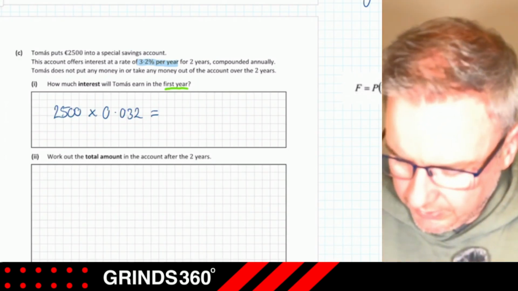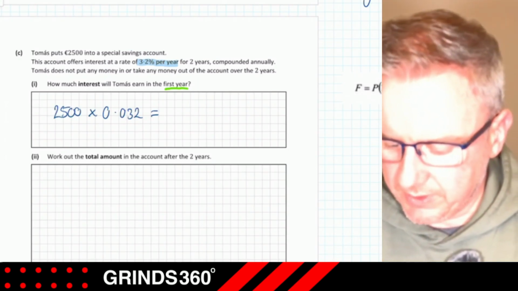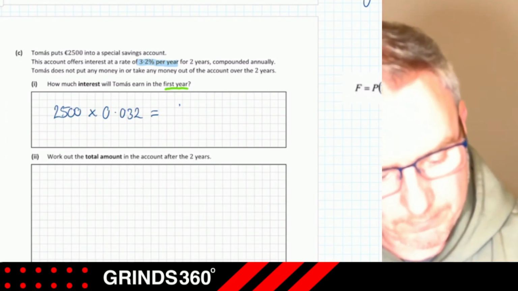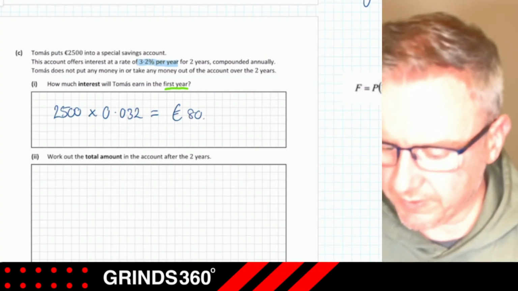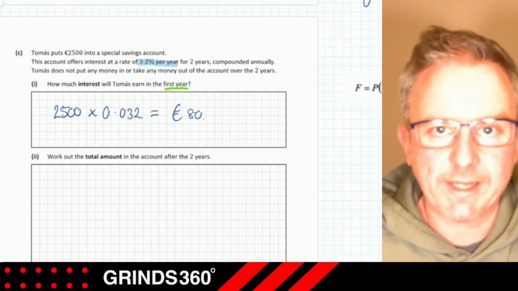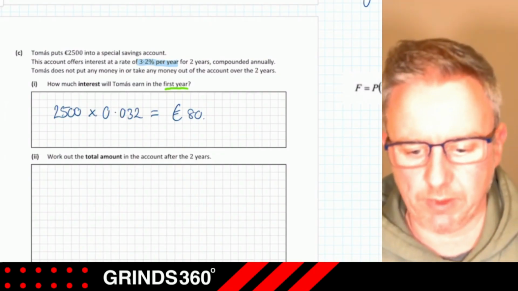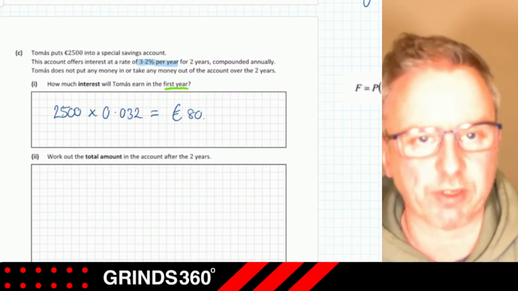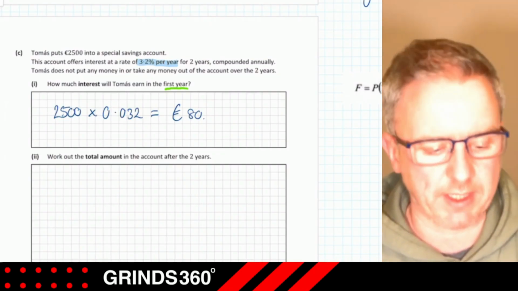So you come along 2,500 by your 0.032, and that gives us €80, okay? And we're going to put the euro sign in it because we want to make sure we have everything there, okay? Now, get as much workings down on the page as possible, okay? Because that's going to help us with our partial credits if we had some sort of little mistake, all right?